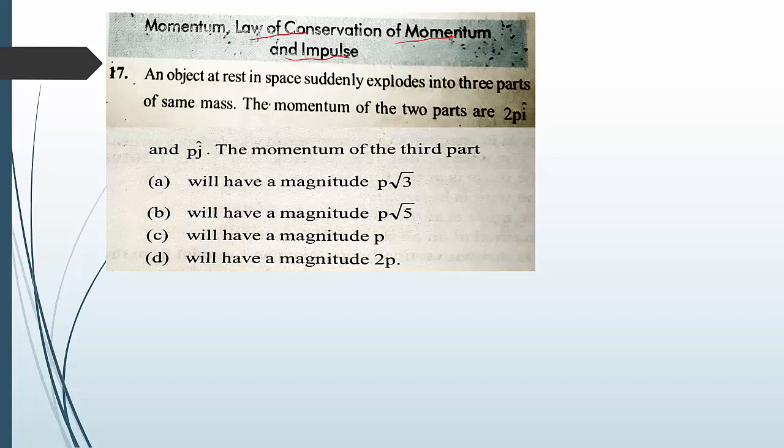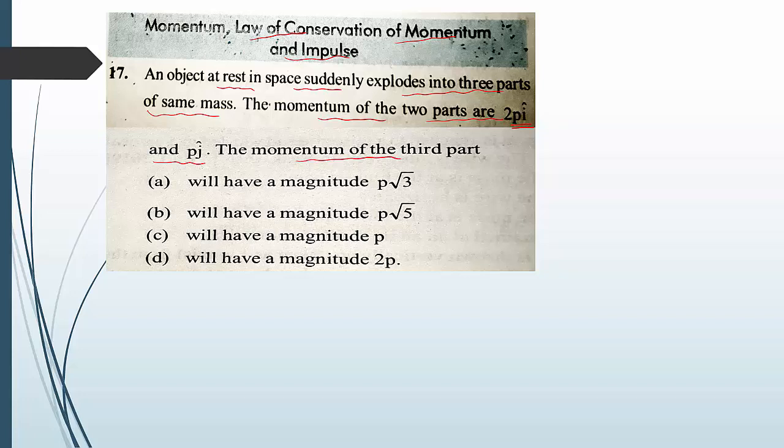17th question. An object at rest in space suddenly explodes into 3 parts of the same mass. The momentum of 2 parts are 2p i cap and p j cap. Find the momentum of the third part.